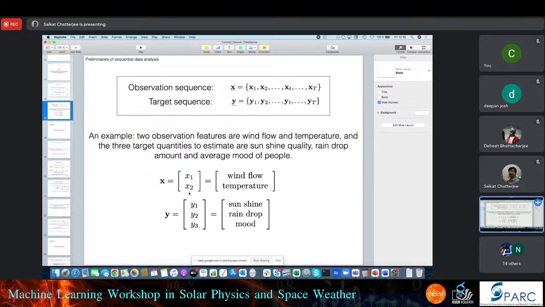For example, I have the time sequence X, and I would like to know what class it belongs to. That means everywhere Y1 equals Y2 equals Y3 like this, right? If, for example, this is R or this is E by seeing the sequence of observation vectors, anywhere, either it has to be R or it has to be E, right? So in that case, the target is not changing with respect to time.